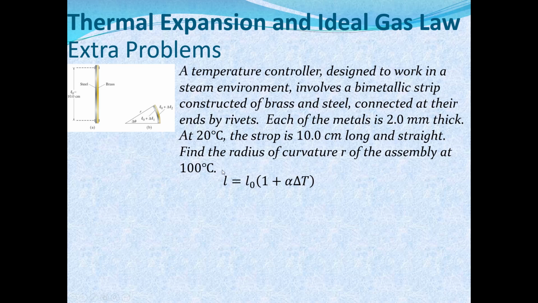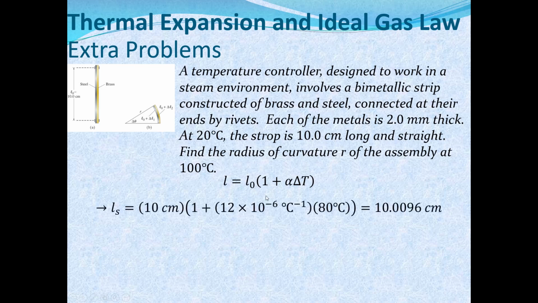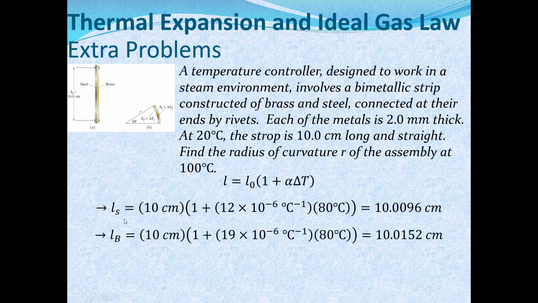So we're going to use this expansion equation for both the steel and the brass, and we end up getting that the steel expands by this amount and the brass expands by this amount. Now realistically, because the expansion of both items is going to be very, very small compared to their initial values, I probably should have solved this fully in algebraic terms.